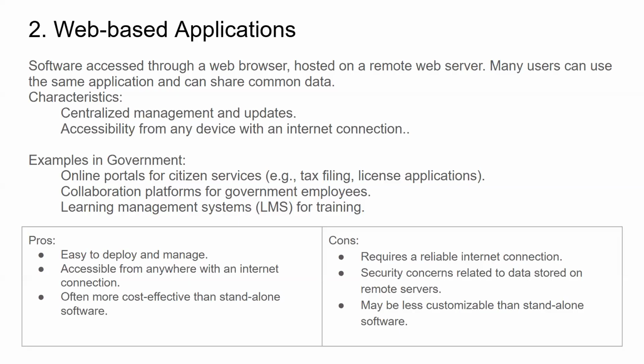Or maybe one application can be used by many institutions, but normally a web-based application will be limited to one institution. For example, we can say Google Gmail is also a type of web-based application. Microsoft Word, Google Sheets, right? But now here we discuss a different kind of web-based application.